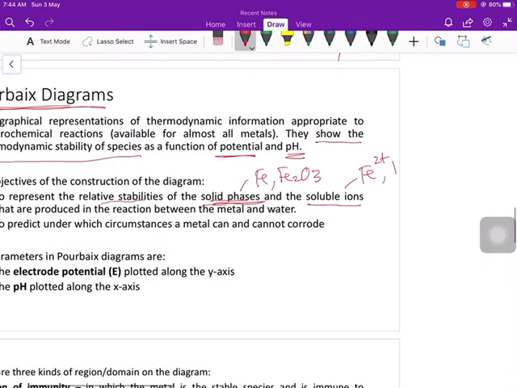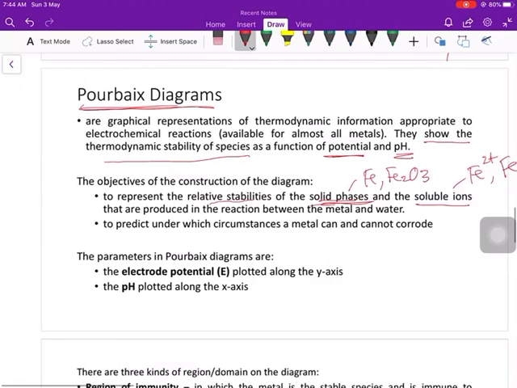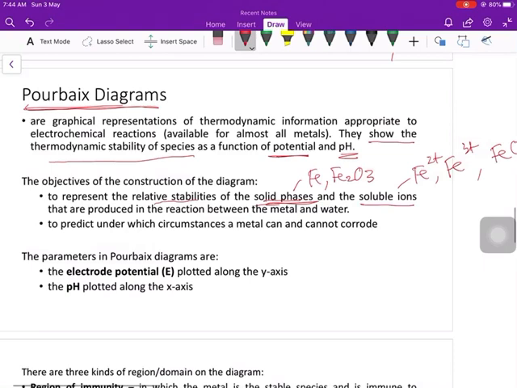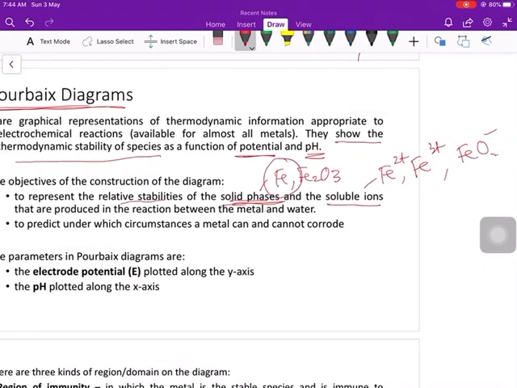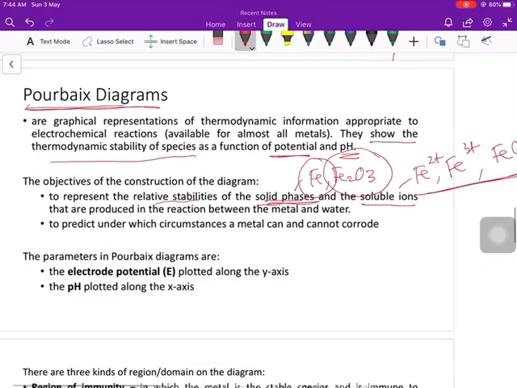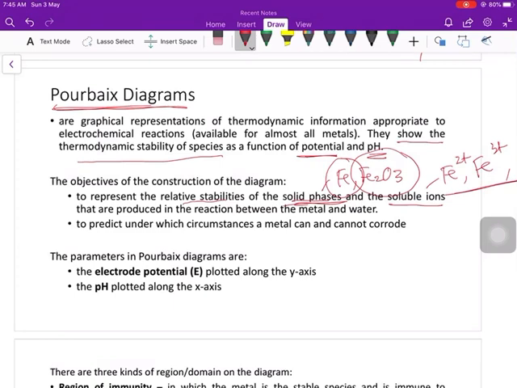So ferrum has this ion, cation, okay, ferrum 3+, as well as ferrum anion. Alright, so we are going to know which area in the diagram, either this pure metal, oxide of ferrum, or these ions are stable.